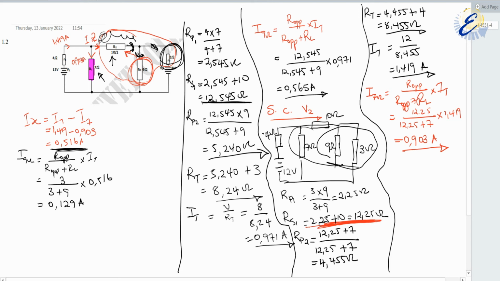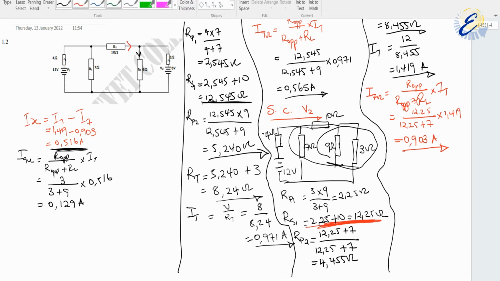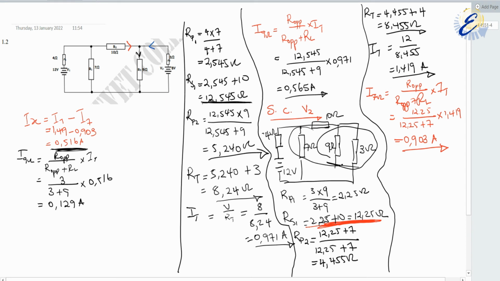We still need to find the actual current that flows here. Erase this so that our circuit can be cleared. The actual current that flows here is a combination of a current from this side and a current from that side. Can you see that? The two currents come together and meet there.